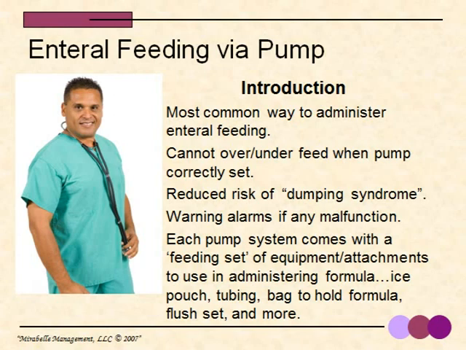There's a reduced risk of the dumping syndrome, which is very unpleasant and uncomfortable for a client. There are warning alarms if there's any malfunction with the machine. And each pump system comes with a feeding set of equipment and attachments to use in administering the formula. There's an ice pouch, tubing, bag to hold a formula, a flush set, and more.